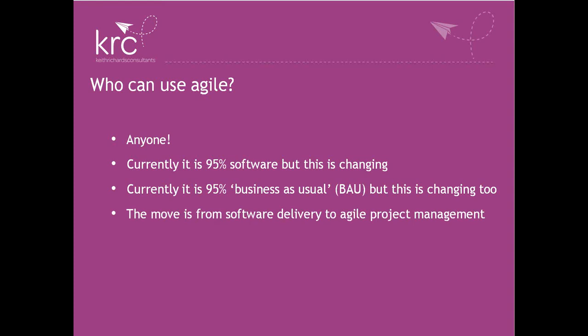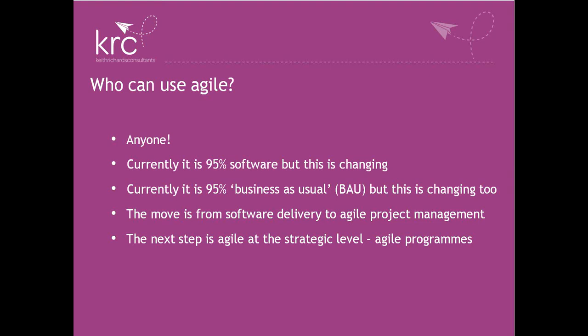So the move is more from software delivery down at the product level, more into a generic look at a whole project, a holistic business change view, if you like. Now, will it go up to program level? I've been in this for 15, 20 years, and I think in about 4 or 5 years, Agile will be impregnated quite heavily into the program strategic layer.